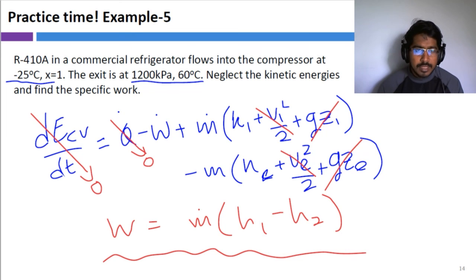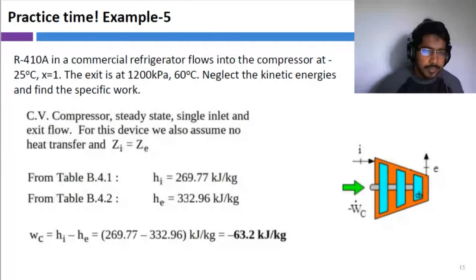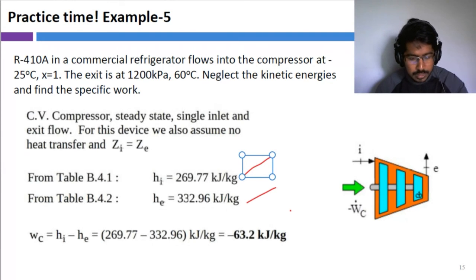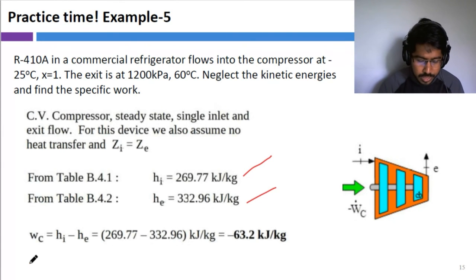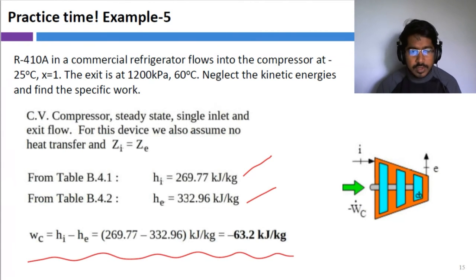And then the answer is pretty straightforward. What you have to do is find enthalpy at inlet and enthalpy at exit. So this should be exit, sorry. You go to the property tables and locate these two properties and then substitute here, and you will get the specific work.